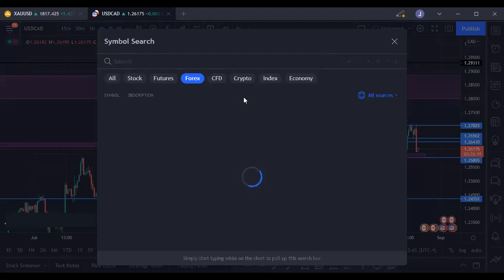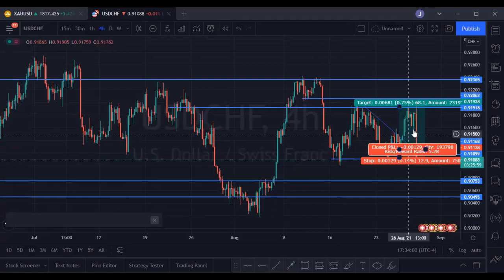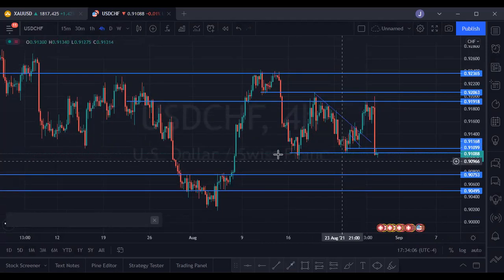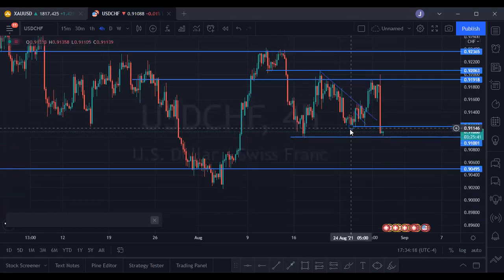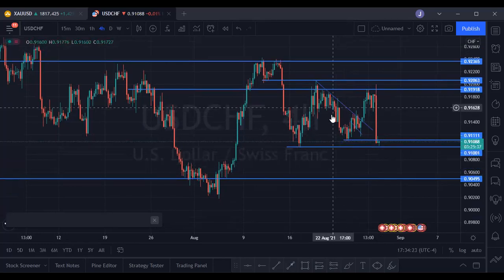Then another pair I'm looking at is USD CHF. All right. On USD CHF, price has hit a level.